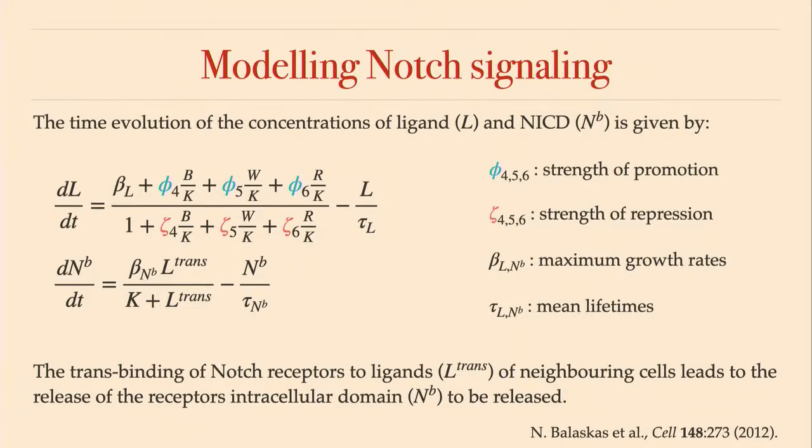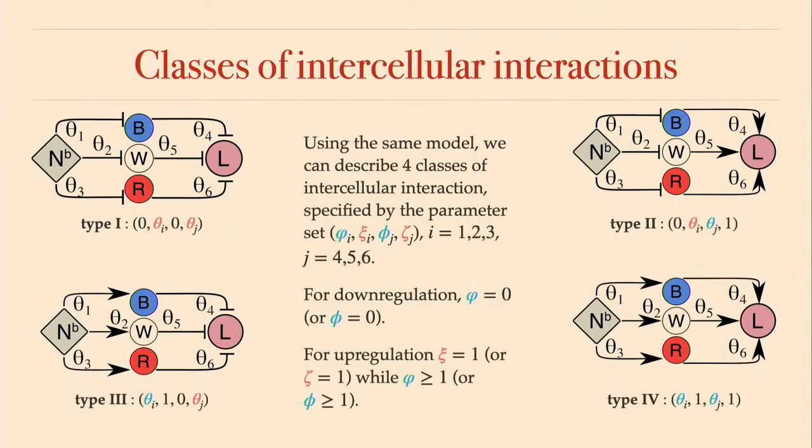If you have two neighbors, you just sum up the L. And that leads to the release of the intracellular domain, the NICD. Remember, NB, we're treating as a proxy variable for the intracellular domain. So with more L trans, you have more production of NB, and these two are just the decay terms for those two.